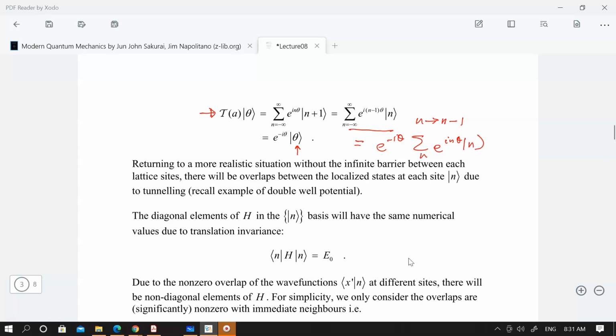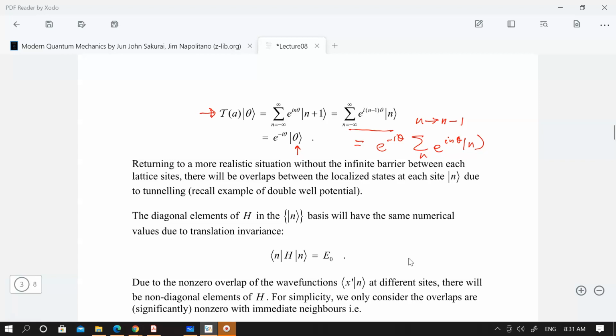Now we want to depart from the idealized case of this infinite potential. So what we're going to do is consider that, instead of the infinite barrier parts of the potential, we consider a finite case. This is the confusing part from last week.